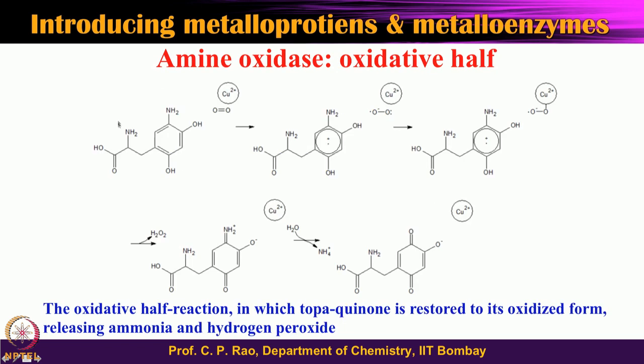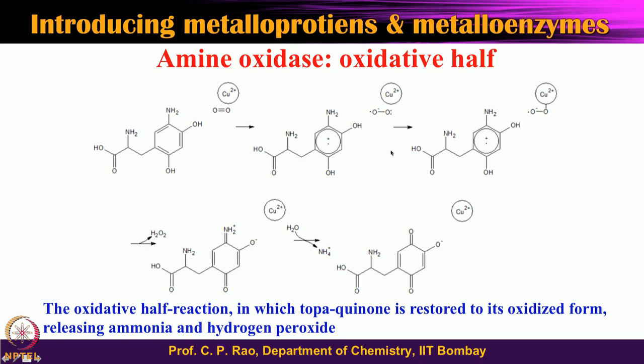In the second half, this amine-converted form now undergoes further redox with the O2, and the O2 reacts with this enzyme, converting through the redox process between the TPQ and the O2 and binding to the copper center, and then all these transformations go from here into this.